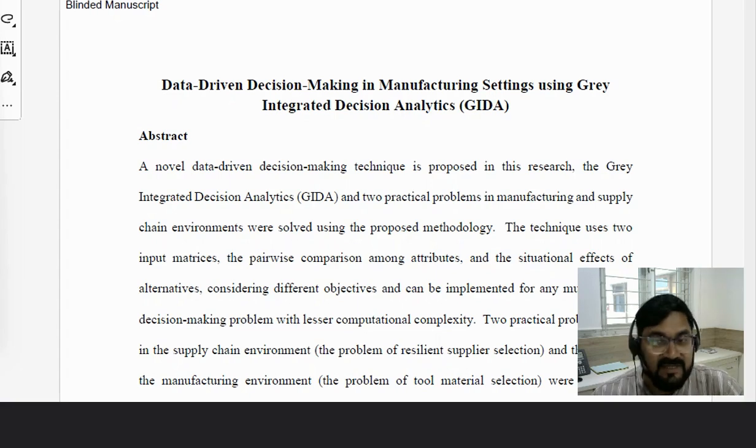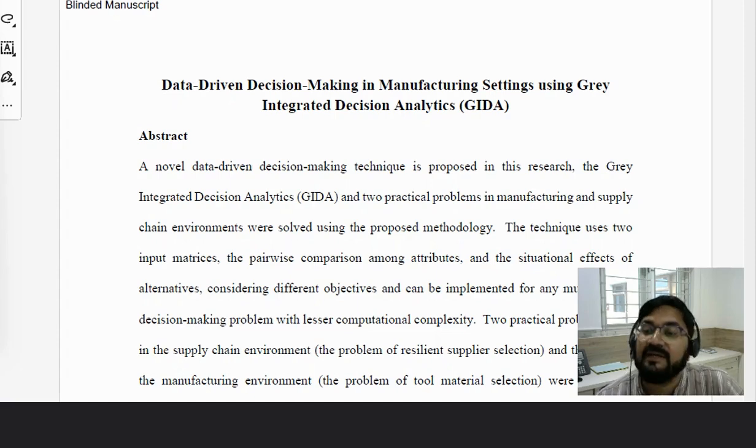So grey means that if the information is completely known, we say white. If the information is completely unknown, we say it is black. So grey is something in between. And this technique is used because it can accommodate multiple responses, multiple alternatives and multiple criteria for evaluation.